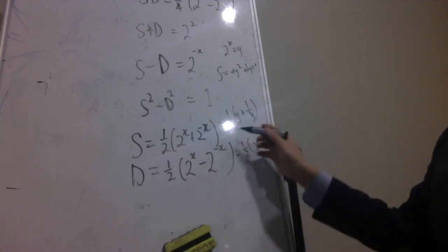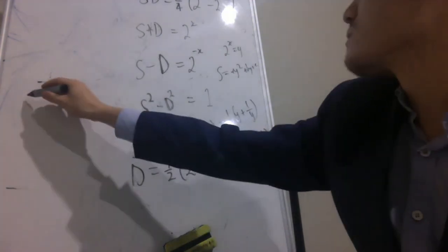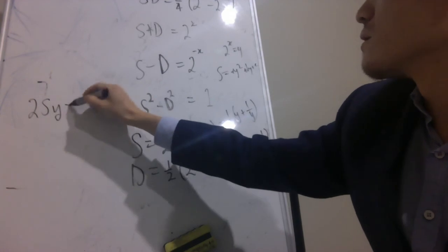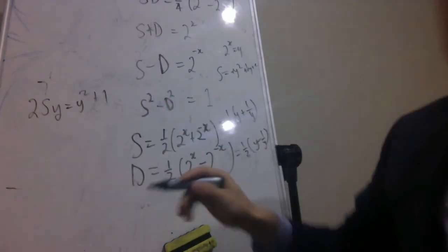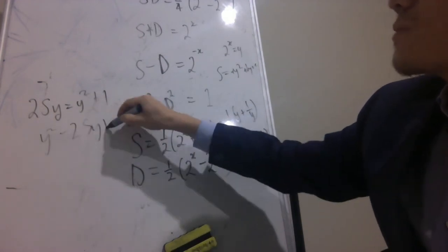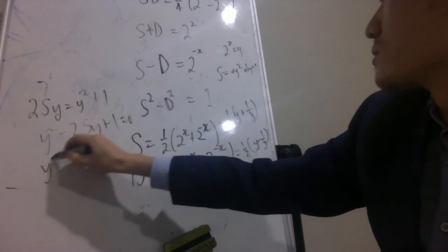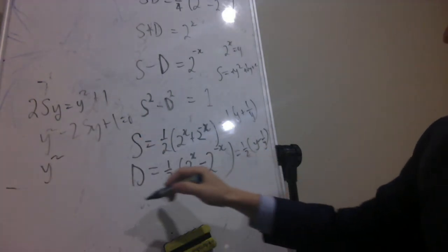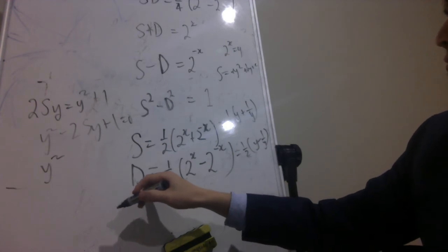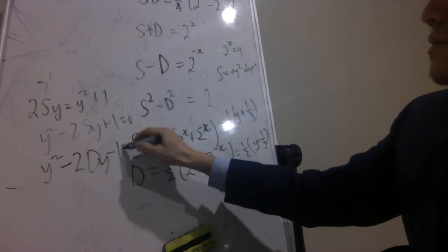So this would become 2sy equals y squared plus 1, and so it'd be y squared minus 2sy plus 1 equals 0. That'd be the equation. And this one would be y squared minus 2dy minus 1 equals 0.